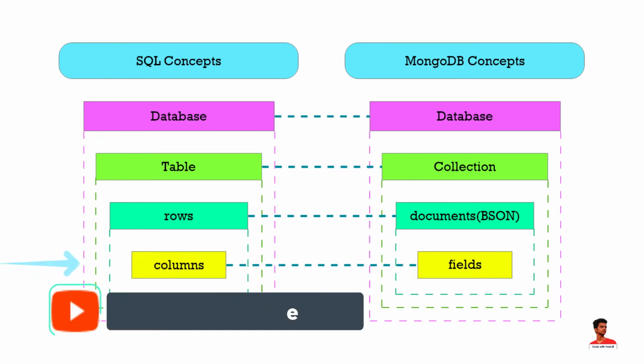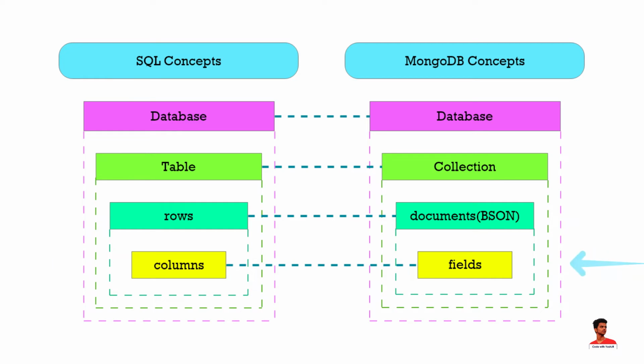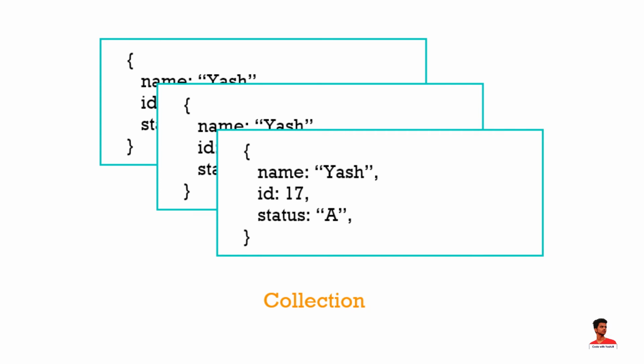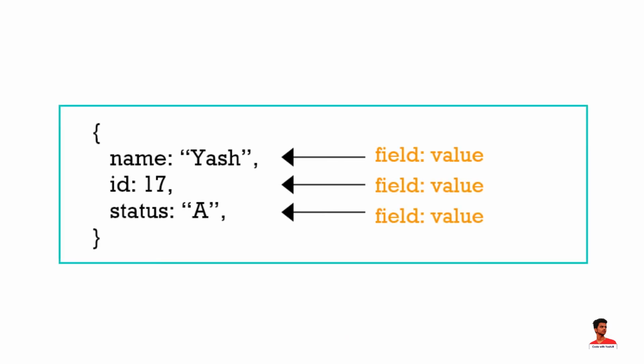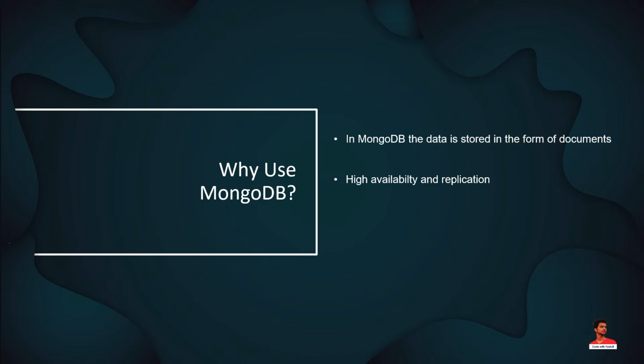And in SQL where there are columns, in MongoDB they are called fields. So here this is a collection and here you can see rows as documents and columns as fields. Then MongoDB has high availability and replication and it has a rich set of queries.